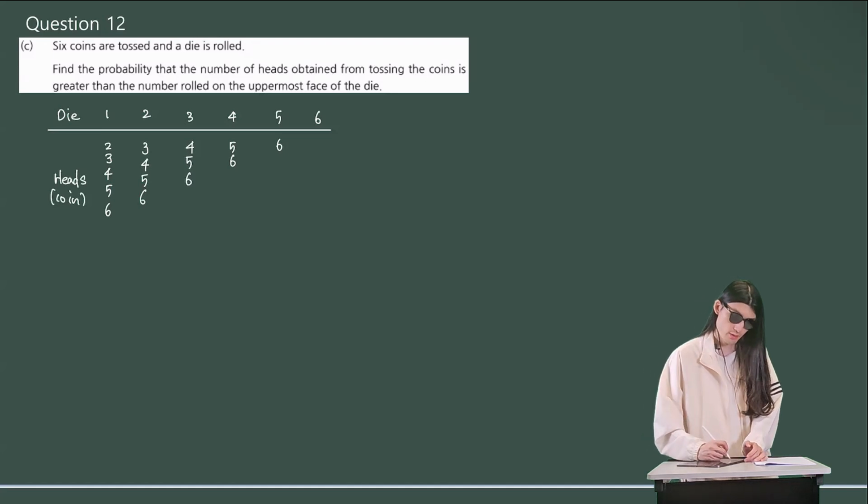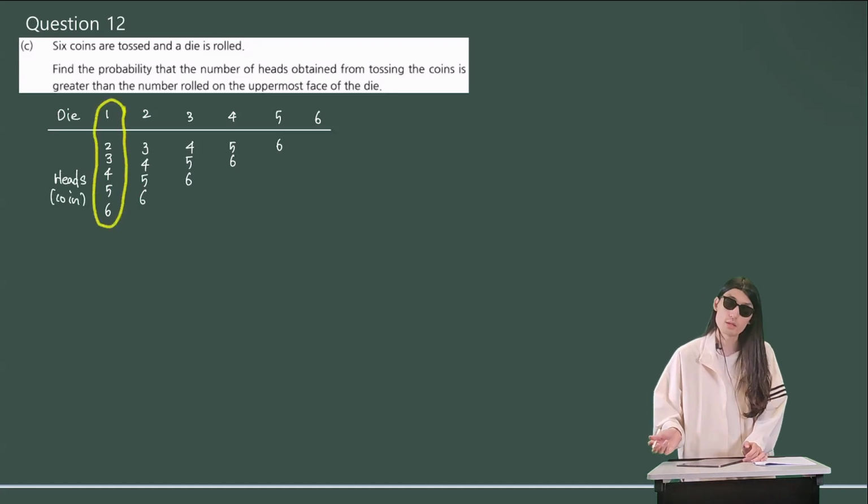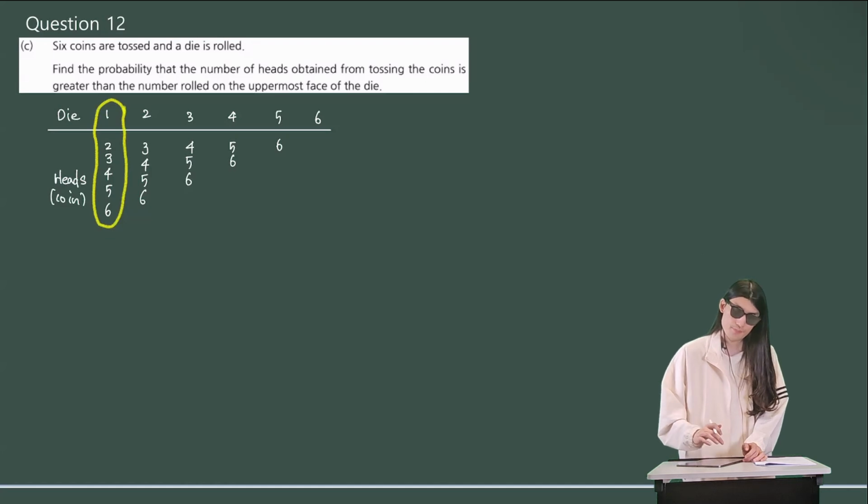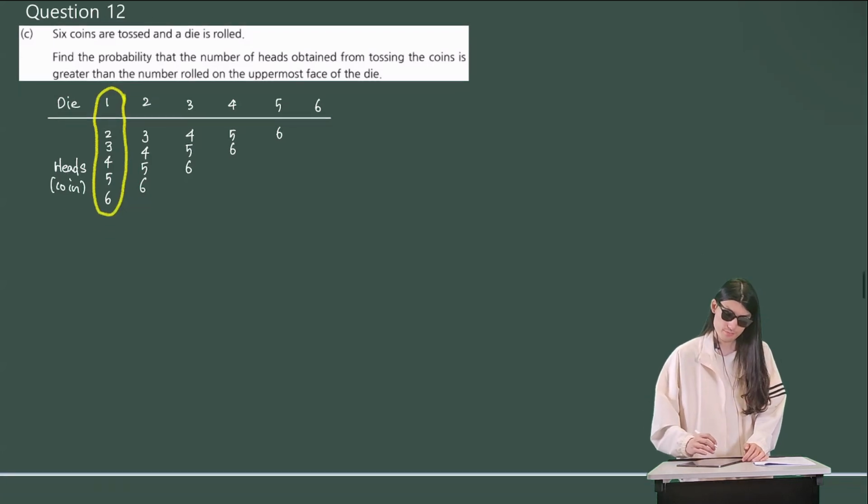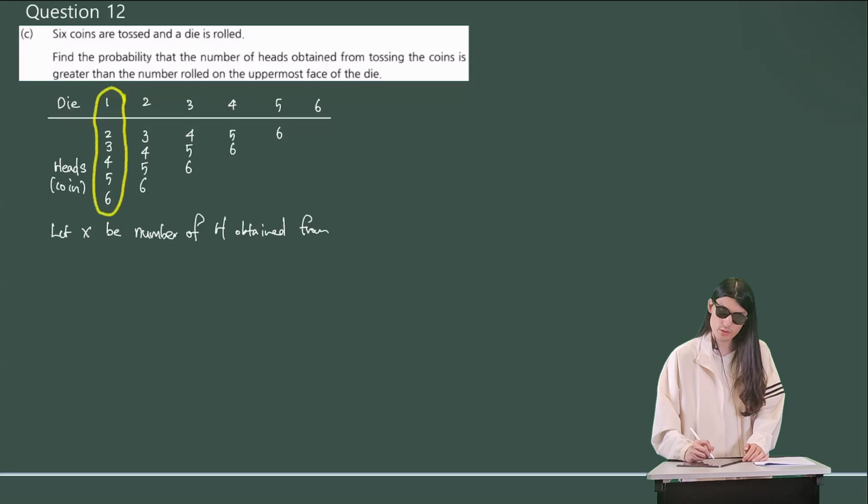The first case, you roll a 1 on your die. And when I consider the first case, let x be the number of heads obtained from tossing your coins.